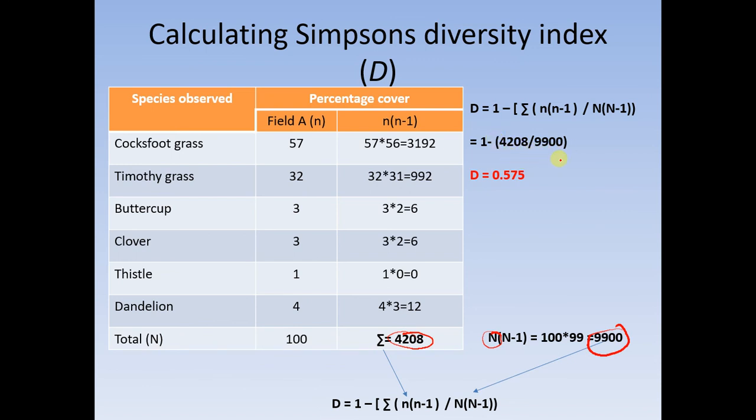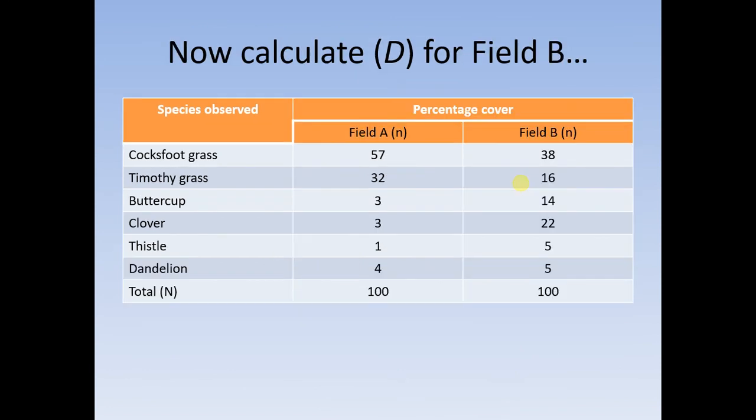And when you get that quotient, I take 1 minus that quotient. So in this case, for field A, my Simpson's diversity index is 0.575. I know I've done this correctly because this number isn't negative, it'll never be negative, and it's between 0 and 1.